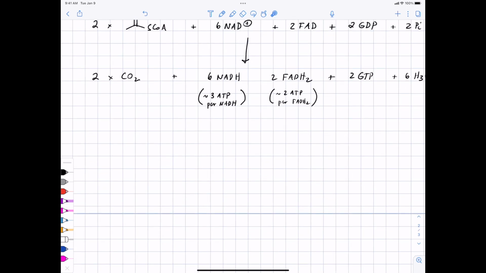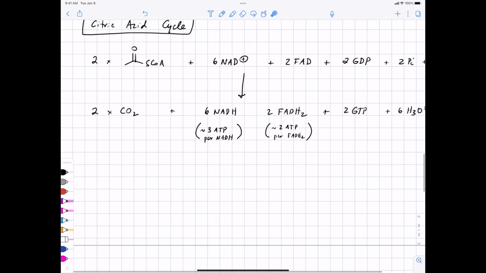So, if you were to add all of this up, 18 plus 4 plus GTP, which is sort of an ATP equivalent, we're getting in the range of 24 to 26 molecules of ATP from the 2 acetyl-CoAs that we take from glucose. Remember that the yield from glycolysis for ATP was what?